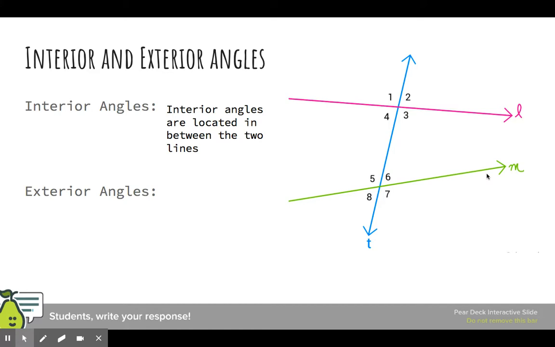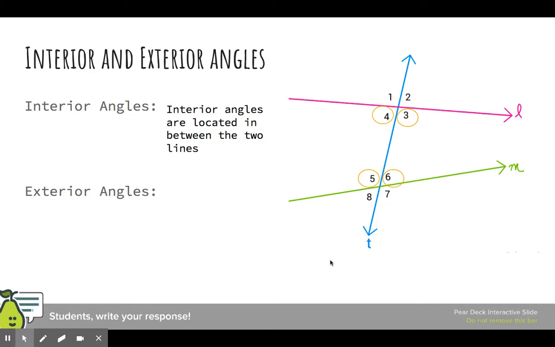So let's go ahead and label our interior angles. It's going to be 3, 4, 5, and 6. So these are our interior angles because they are in between the lines L and M. Okay, what about the exterior angles?